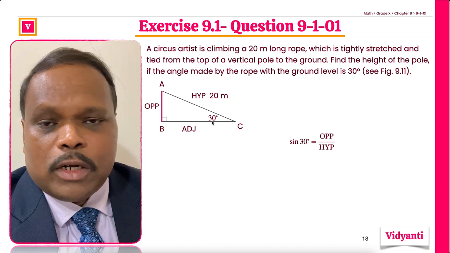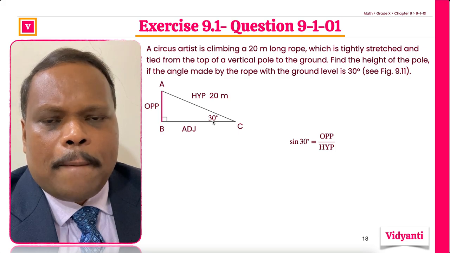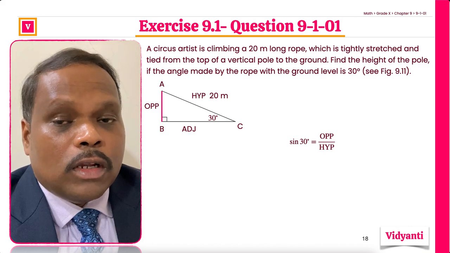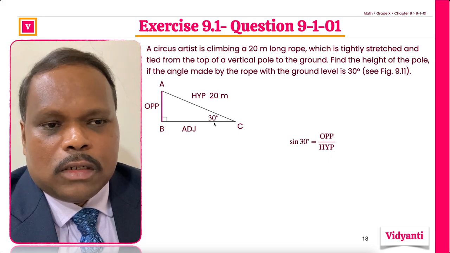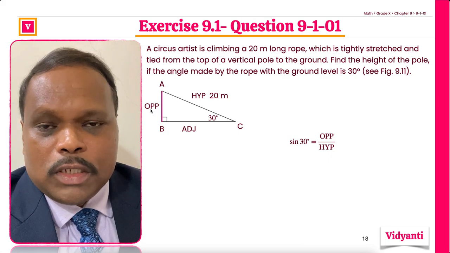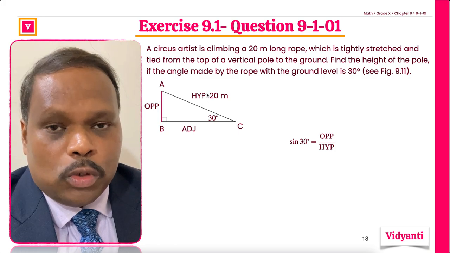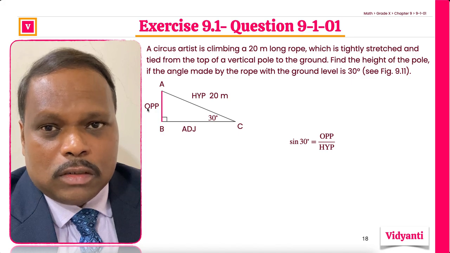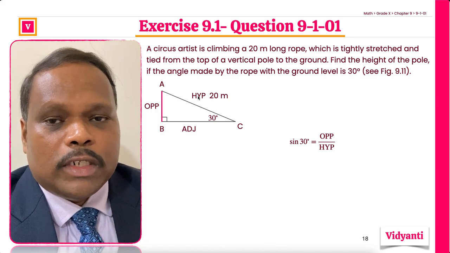Now this particular angle is 30 degrees, and in this case one thing is known, one thing is unknown. You have to find out which trigonometric ratio is useful. In this particular situation, for this 30 degrees, the opposite is unknown but we are interested in it. The hypotenuse is known. So we are trying to connect the opposite, which we are interested in, to the known parameter, which is the hypotenuse.